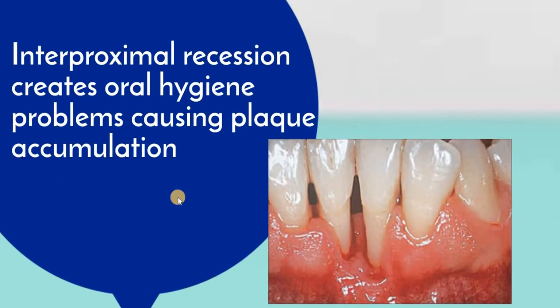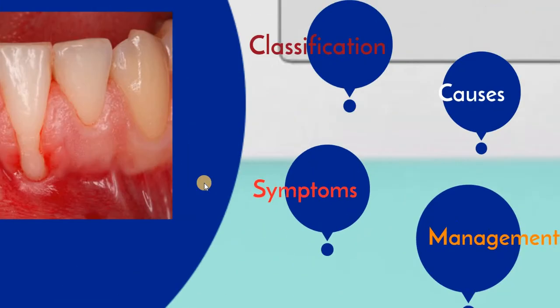And the third clinical significance is that interproximal recession creates an oral hygiene problem, causing plaque accumulation and progression of the disease. So these are the clinical significances related to gingival recession.